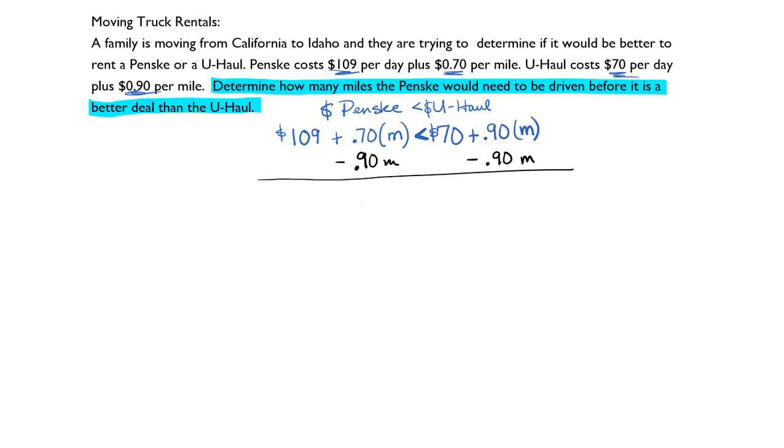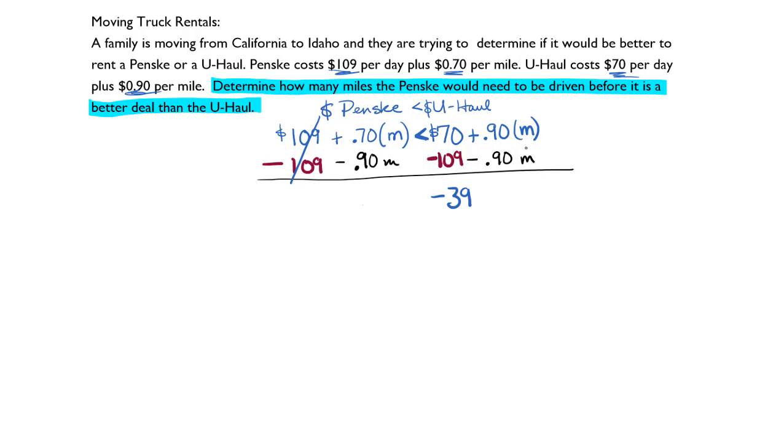And I'm also, at the same time, you don't have to do it in the same step, but it is convenient because then it's all done at once, subtract 109 from both sides. I changed colors there so that you can see it's two separate steps, and then from there I'll have the 109 be equal to 0 on the left and negative 39 on the right.